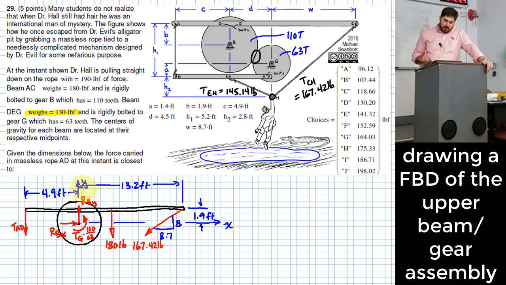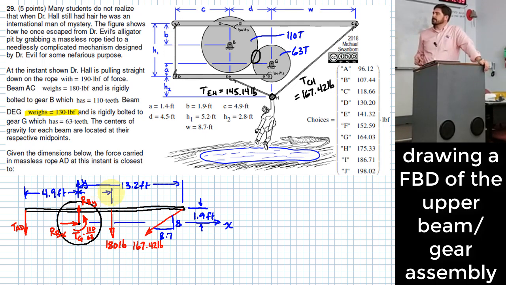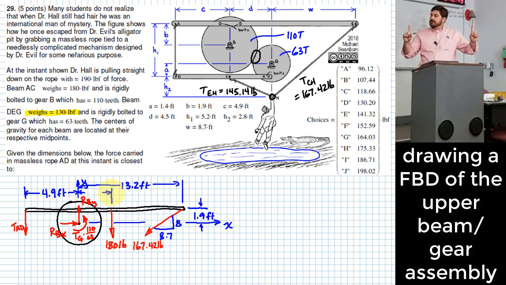And what else do we care about? Probably need to know where this weight is applied, right? How do I find that? Okay. You take the total distance, divide by 2. That gives you how far it is to the middle from either end. But then what?